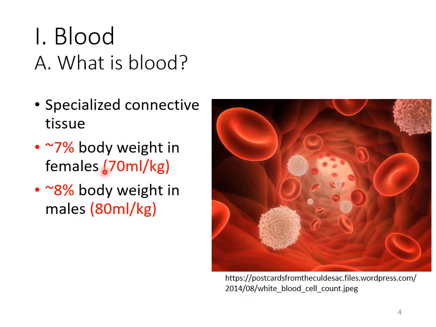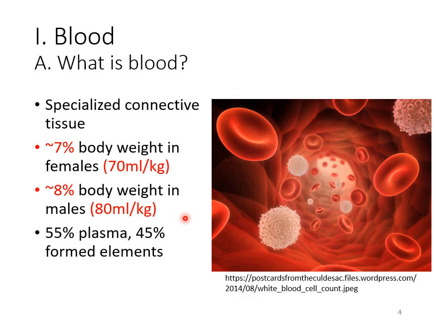So if you look at this, 70 ml per kilo or 80 ml per kilo, and if we assume that a typical Filipino is around 50 kilograms, the typical blood volume in a Filipino would be around 4 liters. Blood is composed of 55% plasma and 45% formed elements.